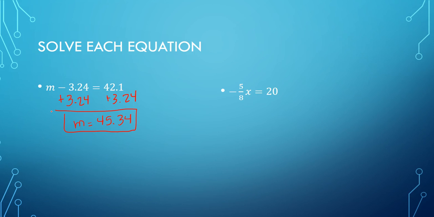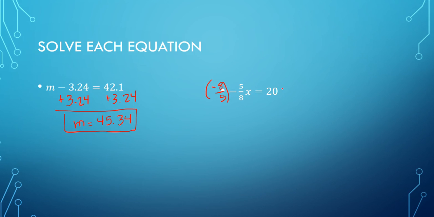Okay. And then this next one has a fraction. So this is negative 5/8 times x. But remember, to get rid of a fraction, we don't divide. If this was just a number, you divide. You multiply by the reciprocal to divide fractions. So the reciprocal is just flipping the fraction over.